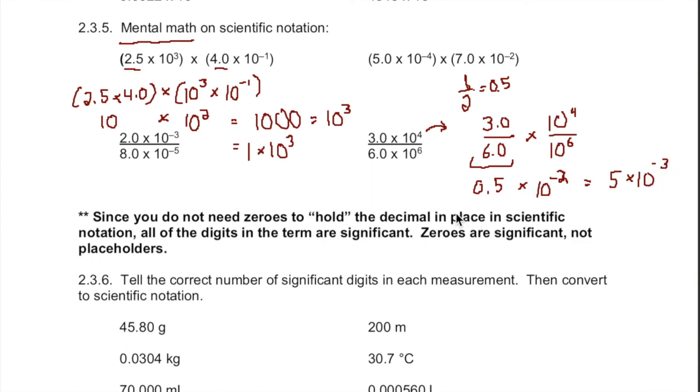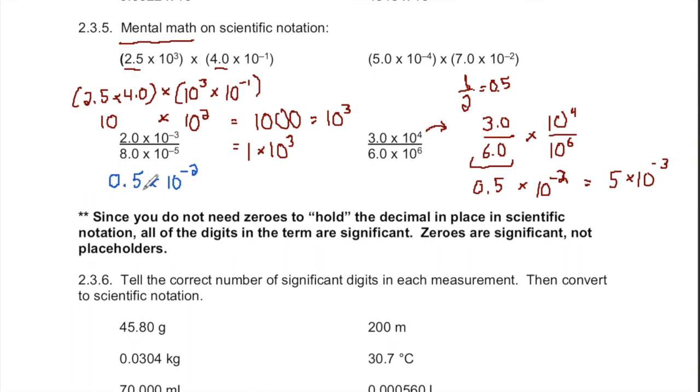So in case that was a little fast for you, remember before we had some numbers where the term is not written correctly. 0.5 times 10 to the negative 2 is not a correct scientific notation because we need to have this first term with the decimal between the first and second digits, or we need a number between 1 and 10.